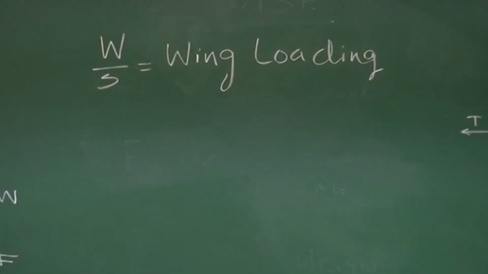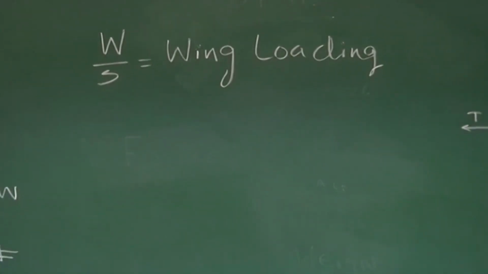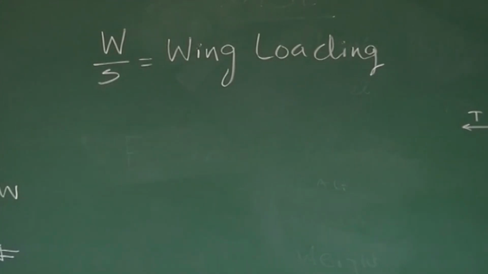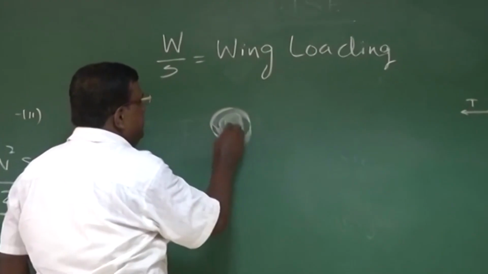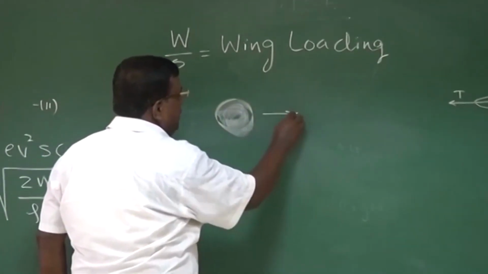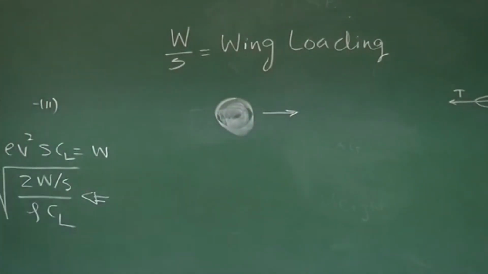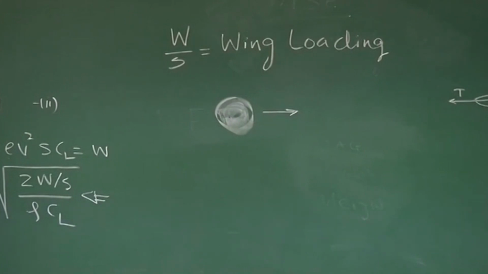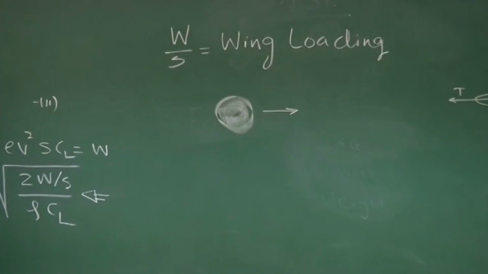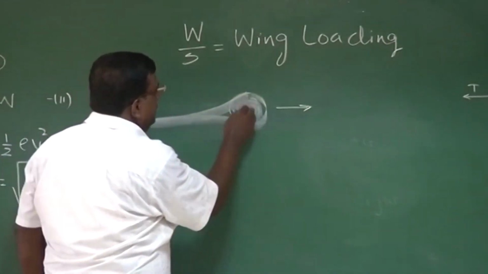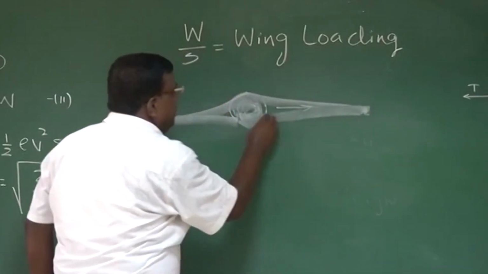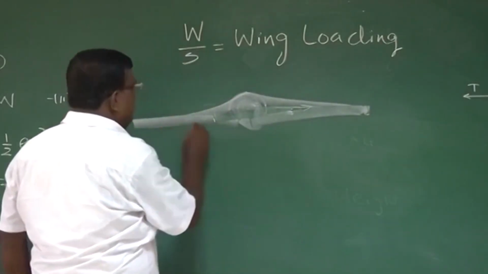Let us develop some feel for this wing loading. Suppose we want to lift this mass m by giving a forward velocity. By now we have understood that I can generate lift using a wing, a fixed wing. So I translate this to a diagram like this, where I call this part the wing.